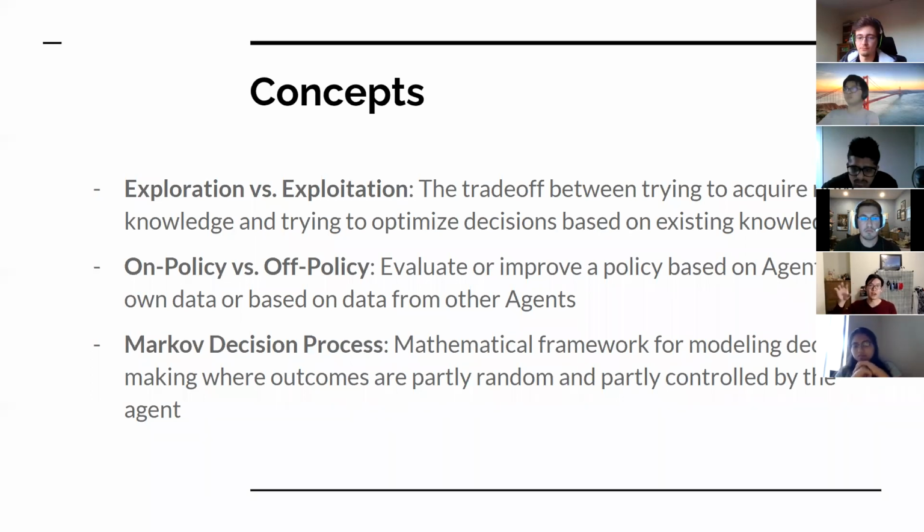Exploitation would look like just going with the action output that the neural network decides. But if you want to do exploration, you could say, okay, 20% of the time we're not going to do what the neural network wants. We're just going to choose something random. That's an example of how you could explore while having a model-free algorithm. Thanks, Andrew. I don't know if that clears up anything. That makes sense. Okay, yeah, thank you. Okay.